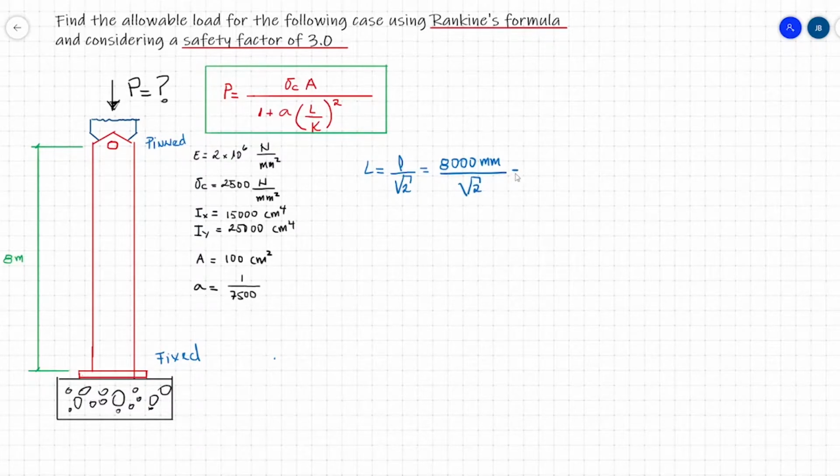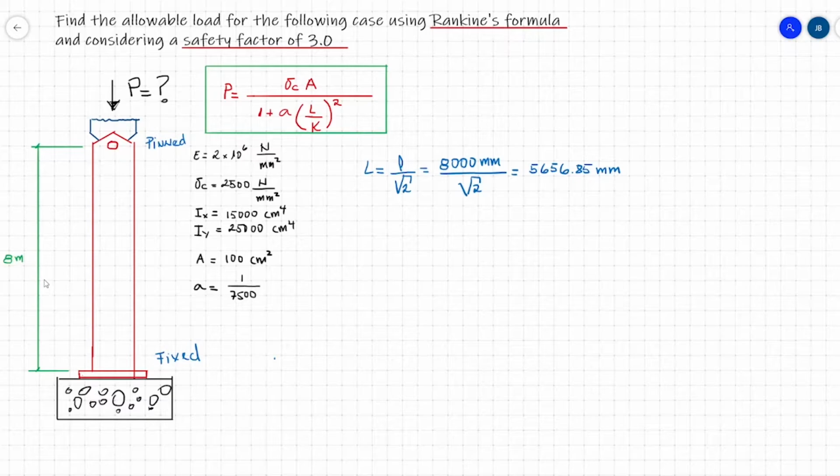That's going to give me 5,656.85 millimeters. So the fact that I have a pin fixed column reduces the physical length of the column to an effective length, which is about 70% of this one, more or less.